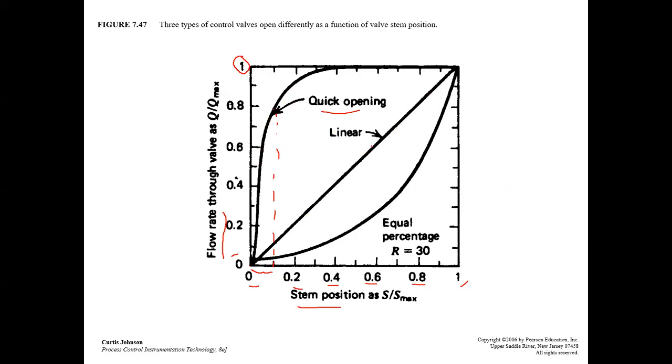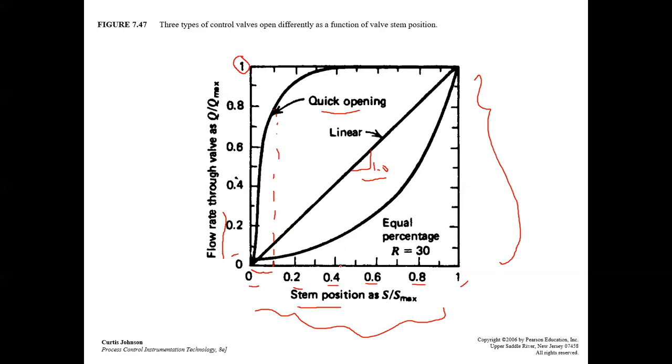The other type is the linear control valve, which is this one. You see it is a straight line, and the slope here is 1, because the distance here is the same as the distance here. This is from 0 to 1, and this is from 0 to 1. So 1 by 1, the slope is 1. When you increase the stem position from 20% to 40%, the flow will change from 20% to 40% also.